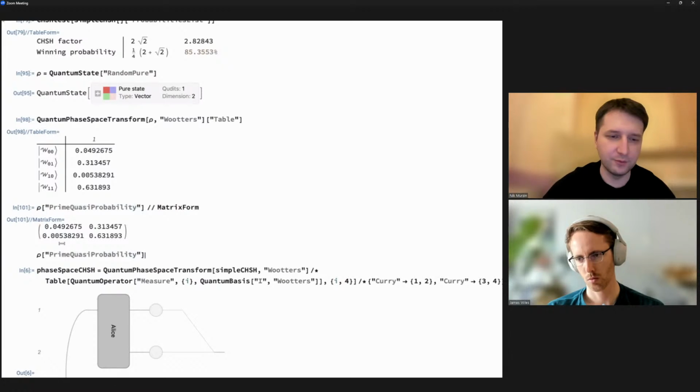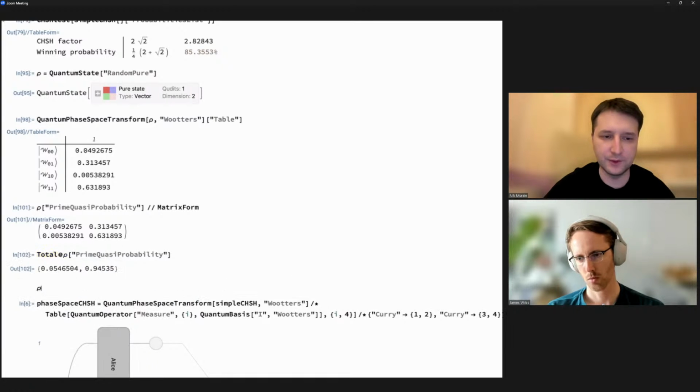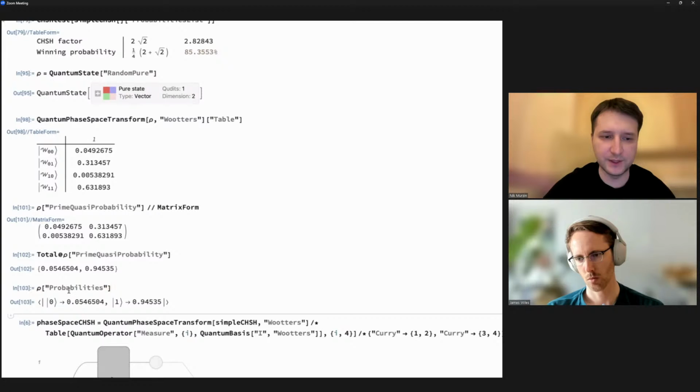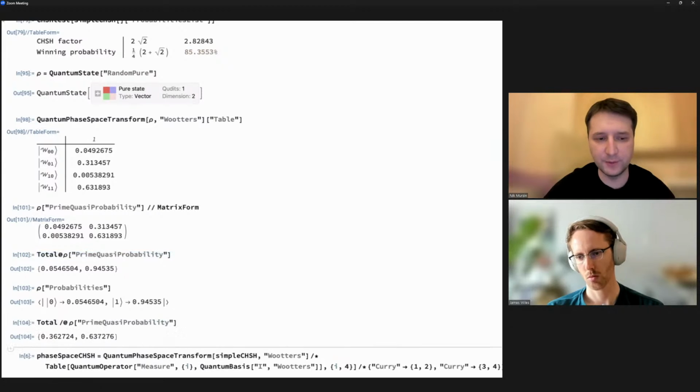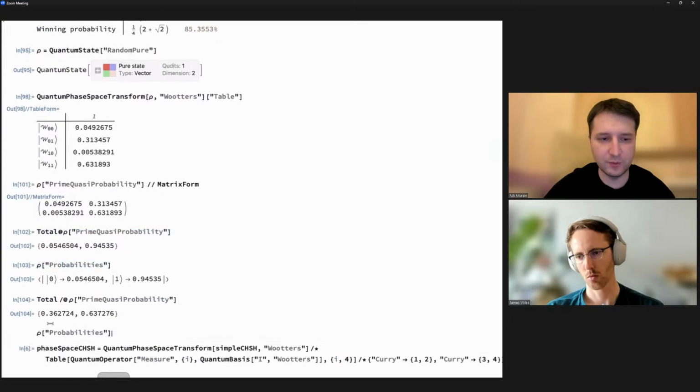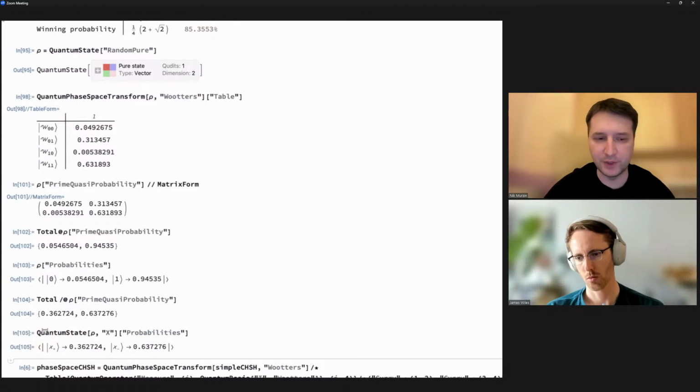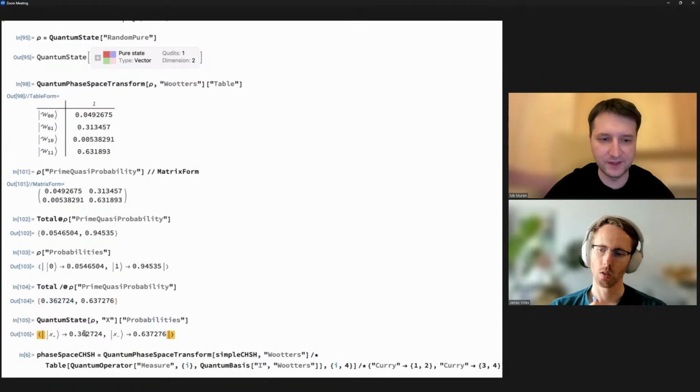And if you marginalize, this is like a joint probability table. If you sum over rows, you'll get exactly the probabilities of measuring this particular state in the computational basis, or Z basis. If you sum over columns instead, you get the probabilities of measuring the same state in the X basis, which corresponds to momentum.